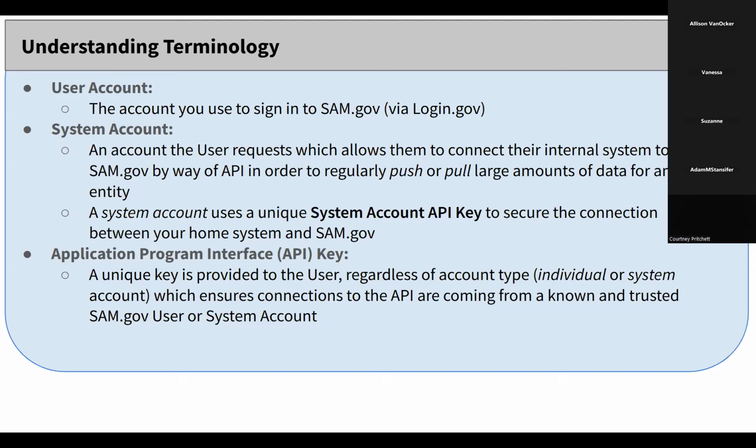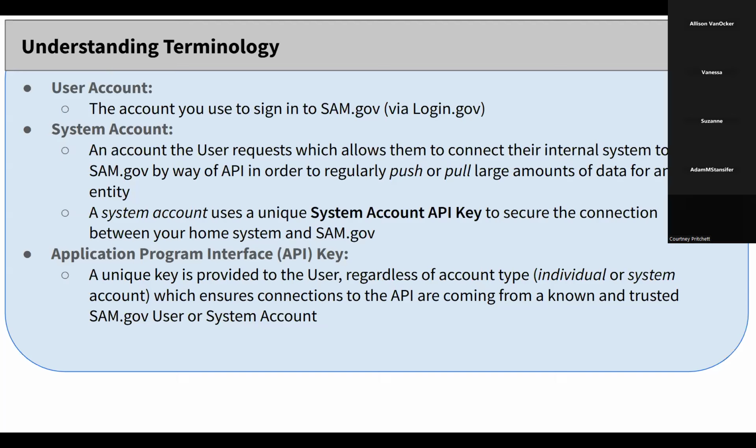So if there's 200 people on this call, we're talking about 200 user accounts if you all are logging into SAM.gov. But let's say we were all one organization, we could have one system account that all of us 200 users could be using to relay data for our collective entity to SAM.gov. It's a very simplified example, but just to give you numbers perspective, user accounts will be much larger in terms of the total numbers as opposed to system accounts themselves.